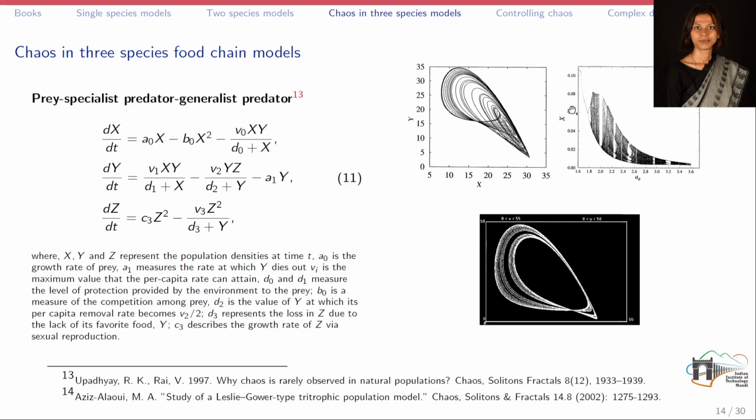Then there is a bifurcation in the mathematical model which we can see from this particular figure where a naught is the bifurcation parameter, and this is the attractor that is plotted for this model. Also the authors have seen chaos in this mathematical model when we have a three species population model with the top predator being the generalist type.